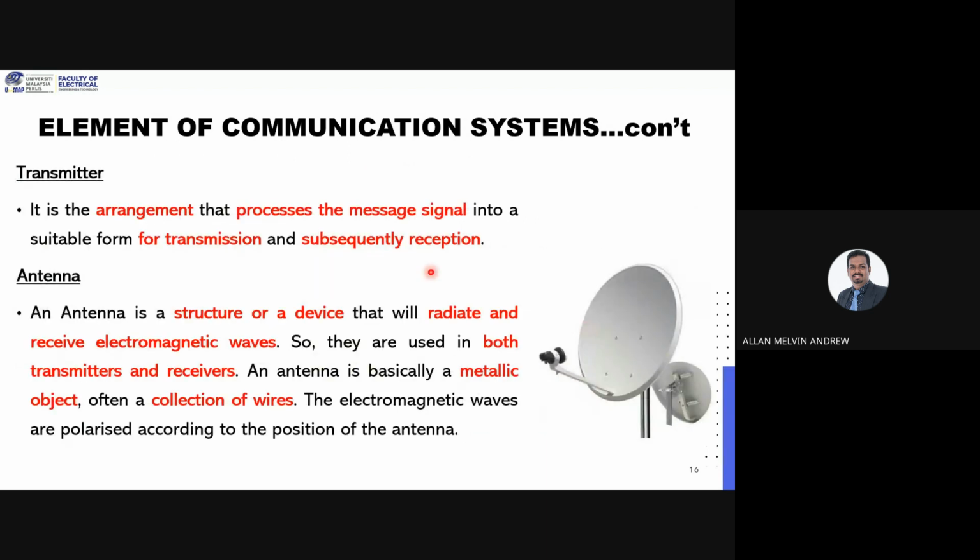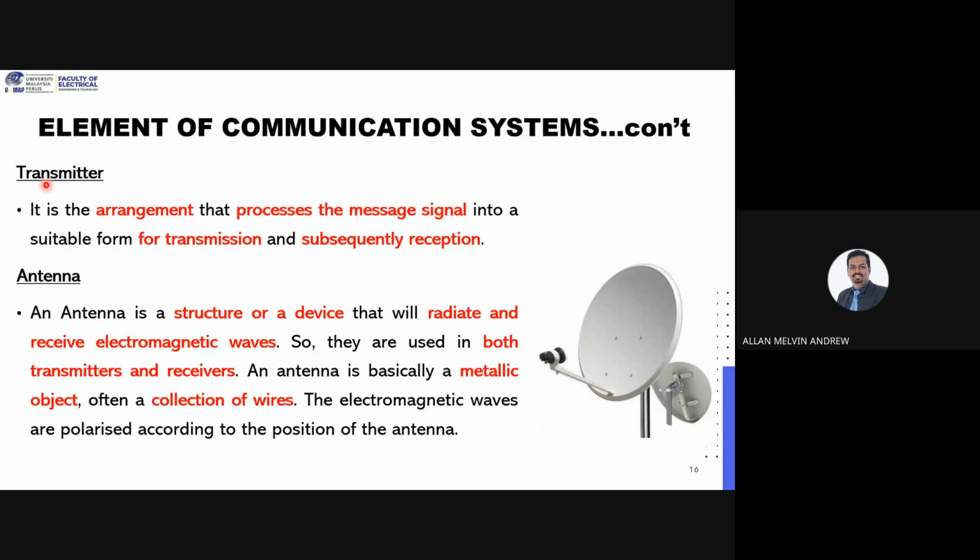Then we continue with transmitters. What is a transmitter? It's an arrangement that processes a message signal into a suitable form for transmission and subsequent reception. Normally now we don't have a separate transmitter and receiver.